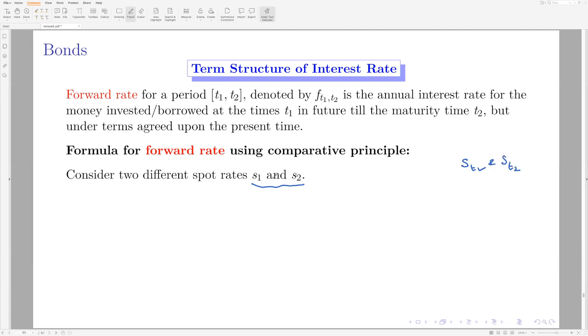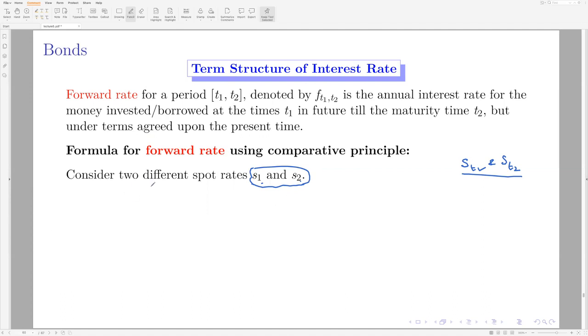Just to simplify our concept, let us try to understand it for 1 and 2, then it's just a straightforward generalization to any future time. You have spot rates. You don't need to understand all these concepts from a bond point of view. You can understand it from any interest rate point of view. In particular, they will apply to yields of a zero coupon bond.